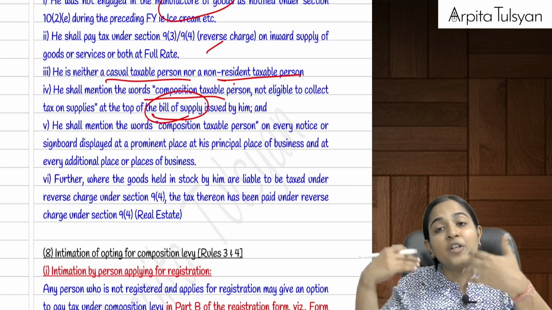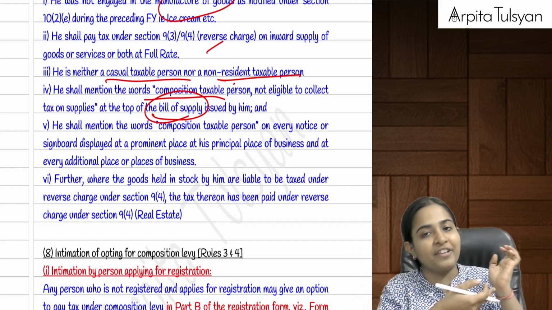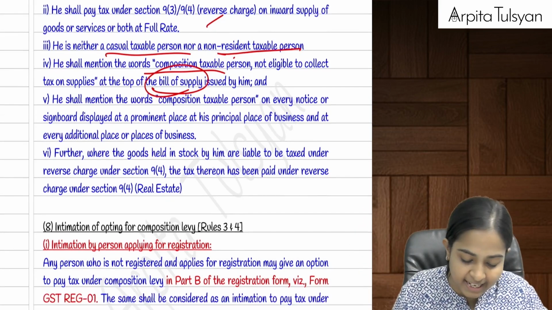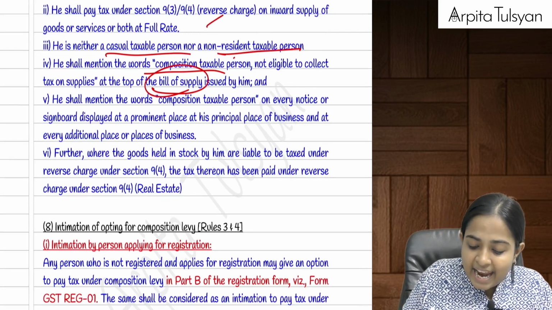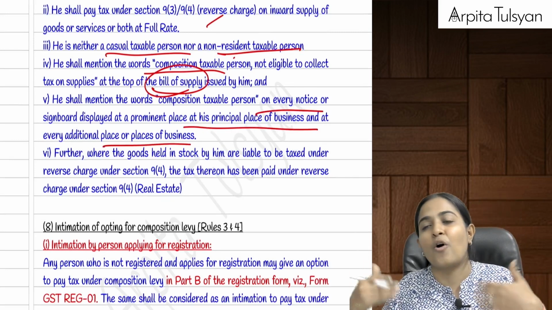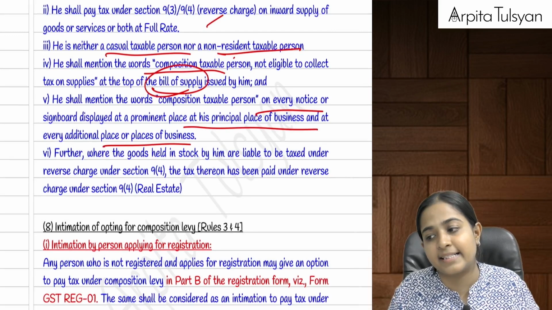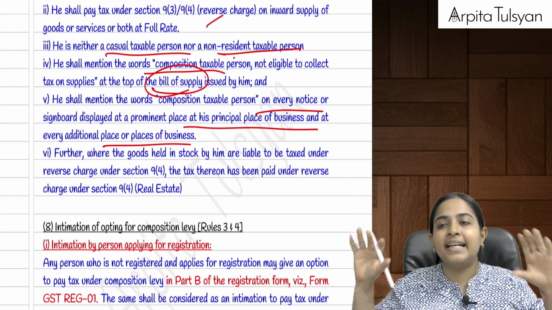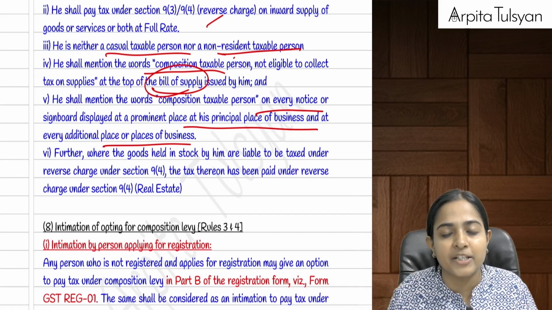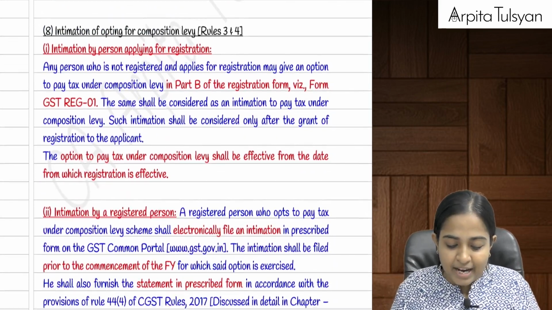That is, the purchaser should know that we have purchased the goods from a composition taxable person, right? And everywhere in his principal place of business or additional place of business, in his branch offices, etc., it should be mentioned that this particular assessee is a composition taxable person. Are you clear with this?